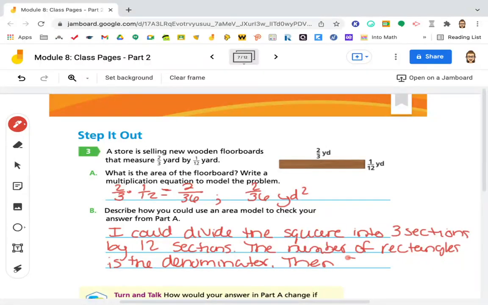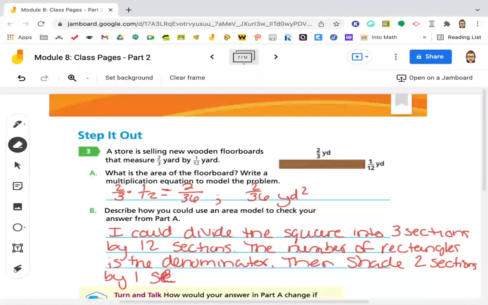Then shade 2 sections by 1 section. And that is the numerator.